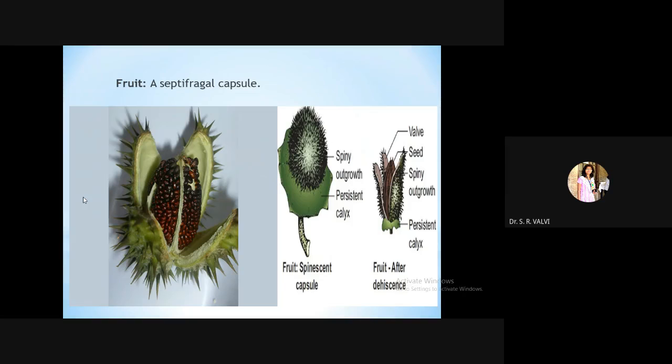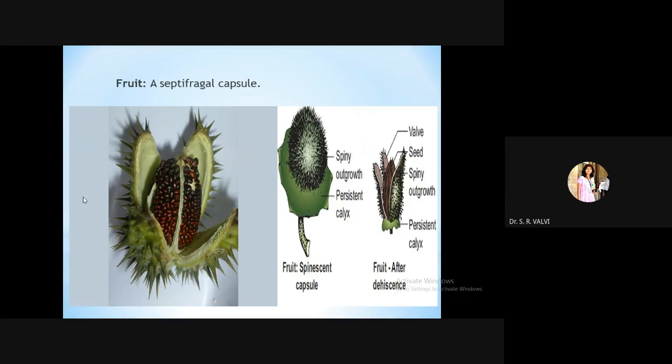In case of legume, you have seen peas, the pea pod. Suppose you open that pea pod, what do you observe? It opens from both the sutures. Suture means a dehiscing line. So if you open that pea pod, the seeds are exposed along two lines.